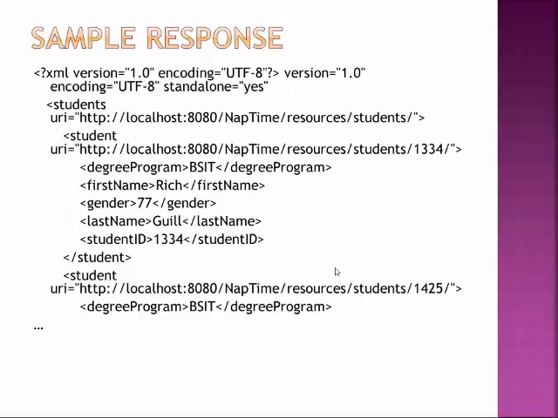Those are just more detailed requests in, but you can see the XML that we're getting back comes in the structure of something that looks like data would be familiar with. In this case, we have a bunch of students, a list of students that's coming in. And so, we have this list of students here, and then here we have an individual student object which has a first name, a last name, a student ID, their gender, and a degree program.